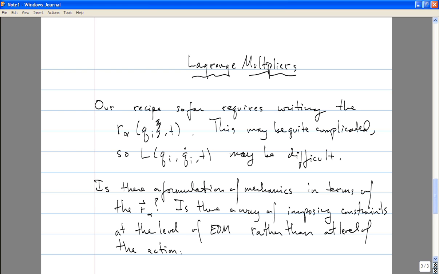In particular, could we write down a set of equations of motion treating the r_alphas as independent variables, and then only at the level of the equations of motion impose the fact that they are constrained in some way? And the answer is yes, and this involves what are known as Lagrange multipliers.